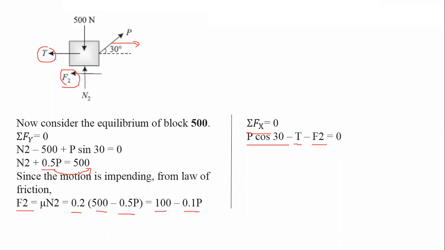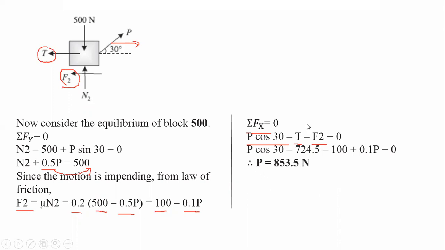Now put the values. The T value, what we previously found, is 724.5. The F2 value is 100 minus 0.1 P, put it over here. Now if you solve this, you will be getting what?